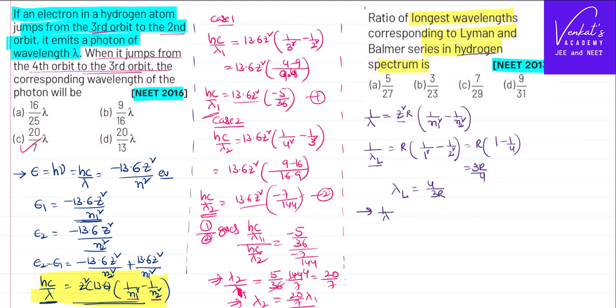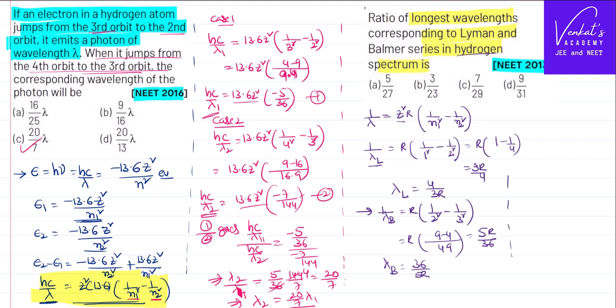Similarly, for the Balmer series, 1 by 2 square and the next one is 1 by 3 square. So it will be Rydberg constant times 9 minus 4 over 4 into 9, that equals 5R by 36. That implies lambda of the Balmer series is 36 by 5R.